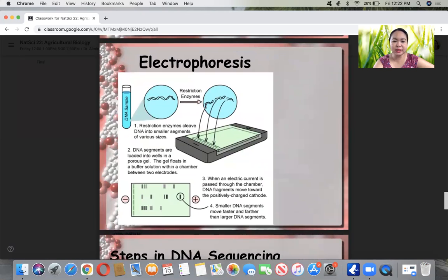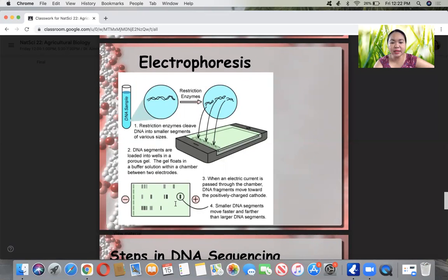So these are the restriction enzymes. Restriction enzymes cleave DNA into smaller segments of various sizes, and the DNA segments are loaded into wells in a porous gel. The gel floats in a buffer solution within a chamber between two electrodes, and when an electric current is passed through the chamber, the DNA segments move toward the positive electrode.